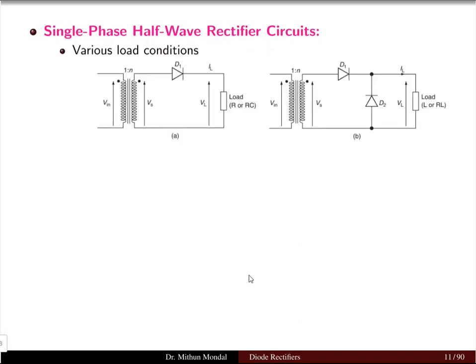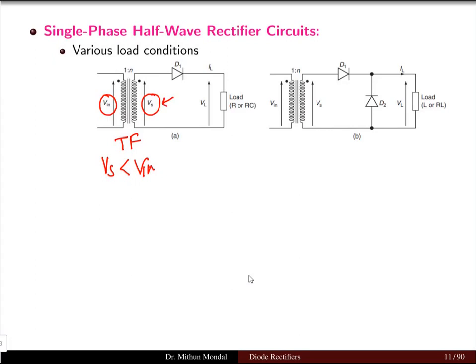The single-phase half-wave rectifier circuits will require a transformer. In the transformer, the primary voltage is denoted by Vin and the secondary voltage is denoted by Vs, and this is basically a step down transformer with 1:n ratio. So the secondary voltage will be less than the primary voltage.